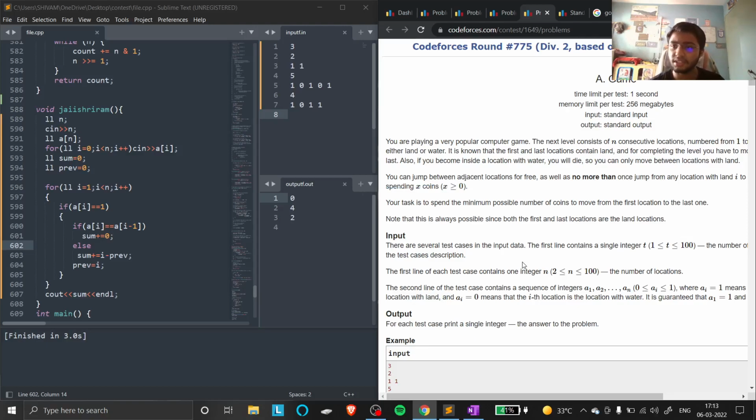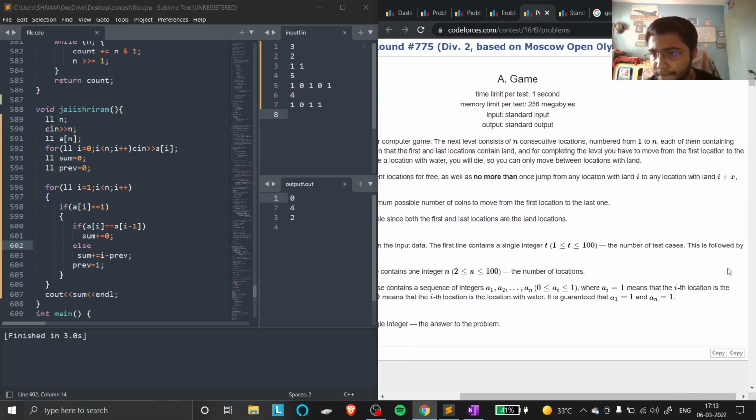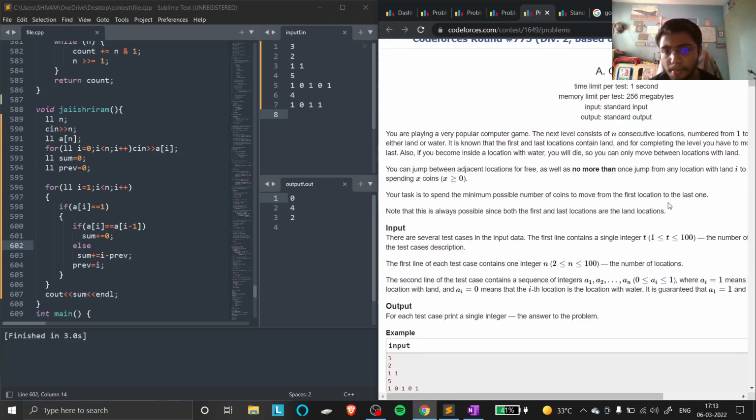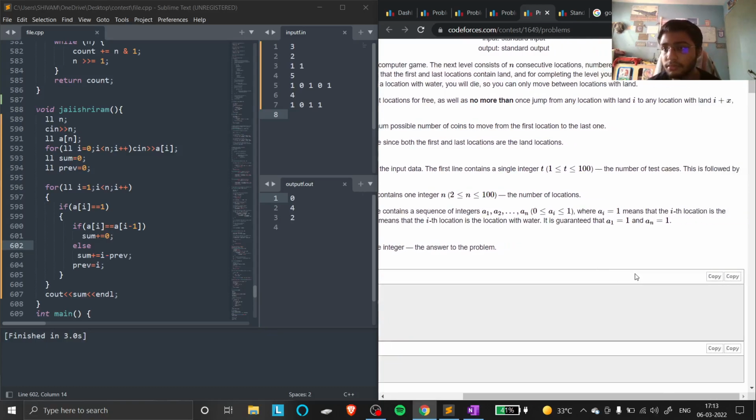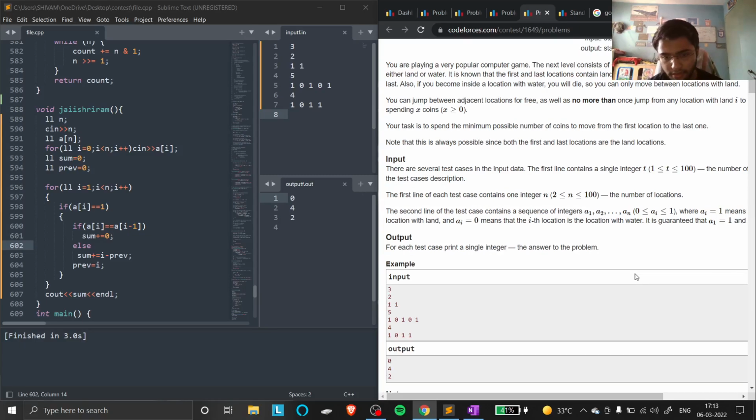If this is the case, then we can go to the adjacent one, from any location with land I to any location with land I plus x. Three land possibilities are there.